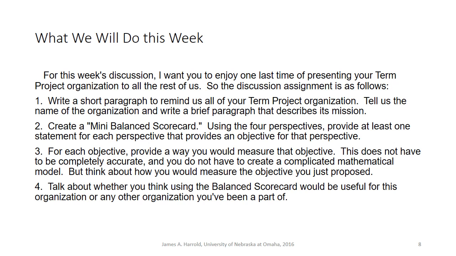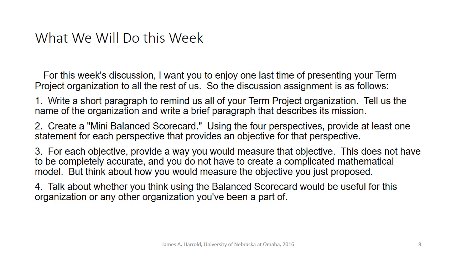Number 1, write a short paragraph to remind all of us about your term project organization, the name of the organization and its mission. And then number 2, create a mini balanced scorecard. There are 4 perspectives. Provide at least 1 statement for each perspective that provides you with an objective for that perspective that supports the strategic vision of your organization. And then for each of those objectives, provide 1 way you would measure it.